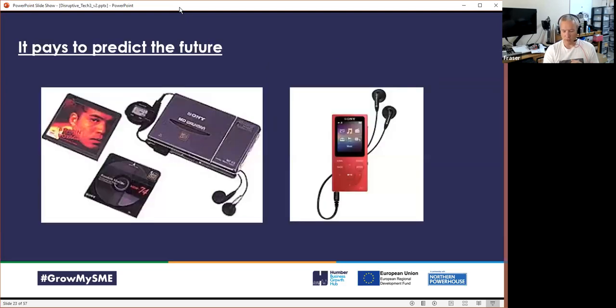Now, we're all suckers of not being able to predict the future. And I have my own story about going into Dixon's many years ago and saying, I want a music player, a portable music player, digital one. And the guy there sold me a Sony mini disc. And I remember saying to him, don't you think the MP3 digital music format is going to take off?